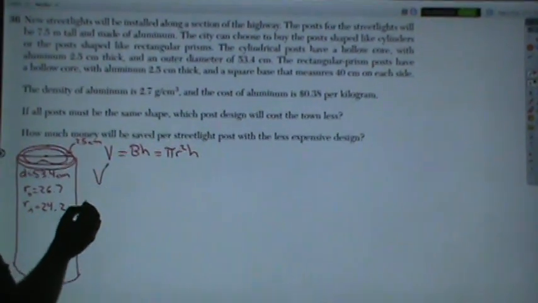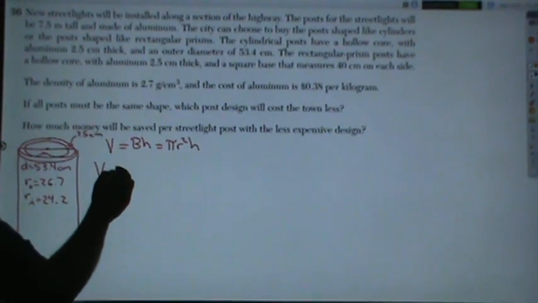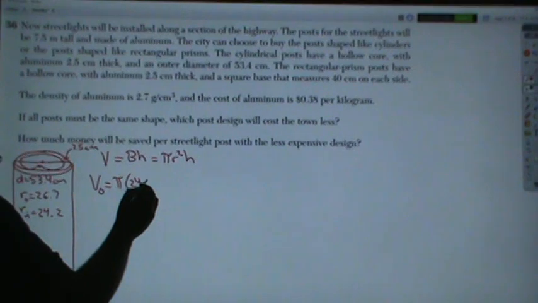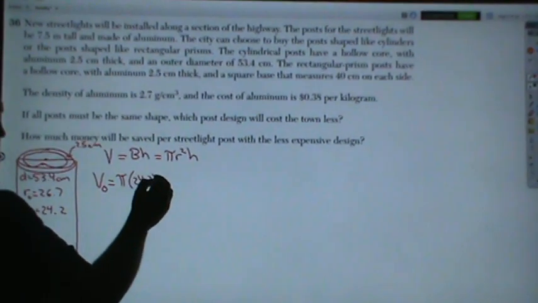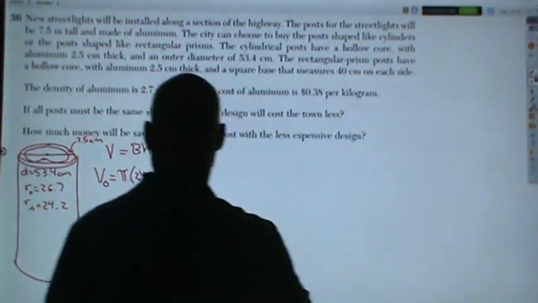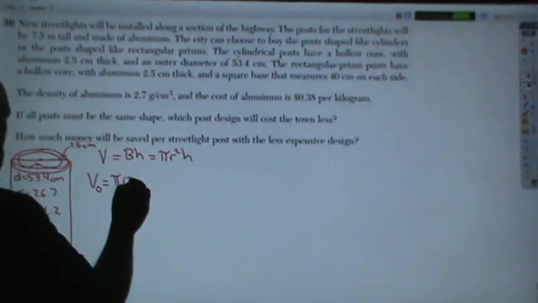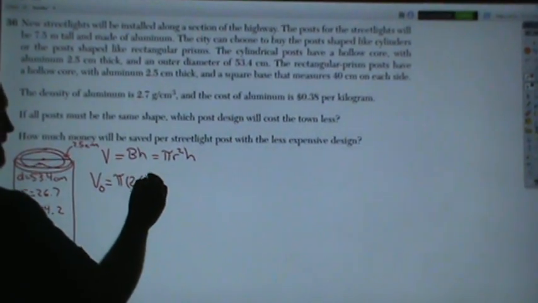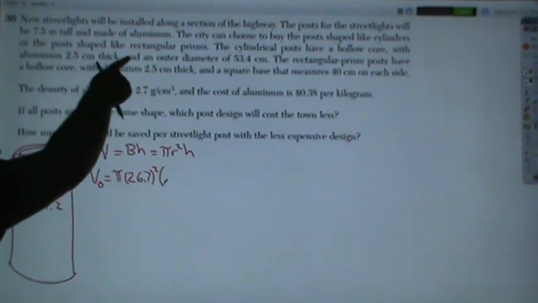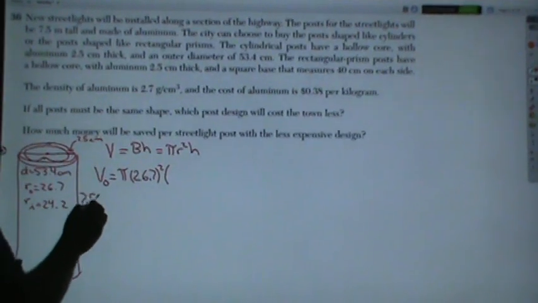So for the volume of the outer shell, we're going to have pi times 24.2, no, outer 26.7. I started with inner. So we're going to put in 26.7 squared times the height.